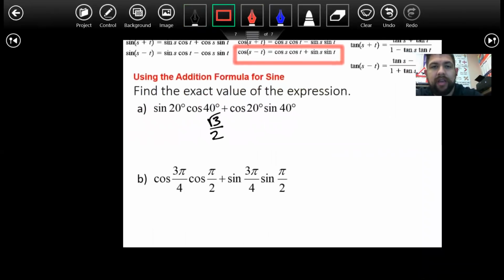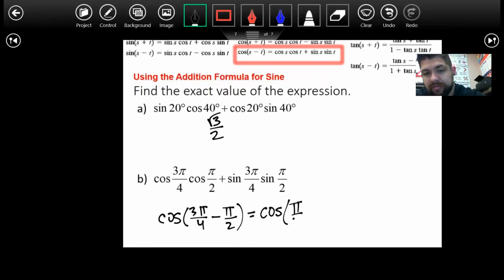And essentially what we're going to get here is cosine of 3 pi over 4 minus pi over 2. And if you look at that, take a half away from 3/4, you're going to get cosine of pi over 2.